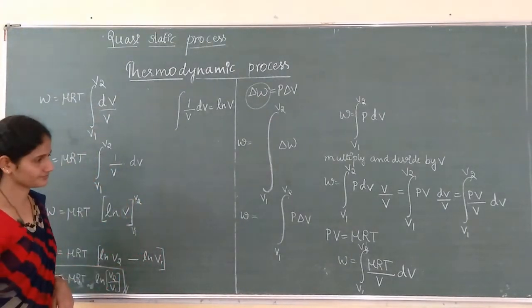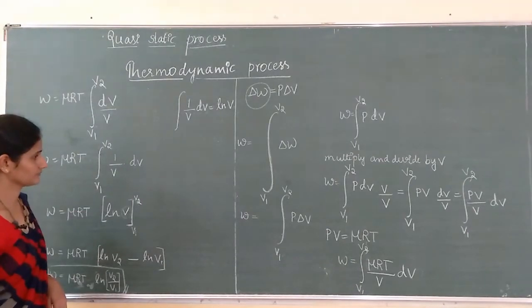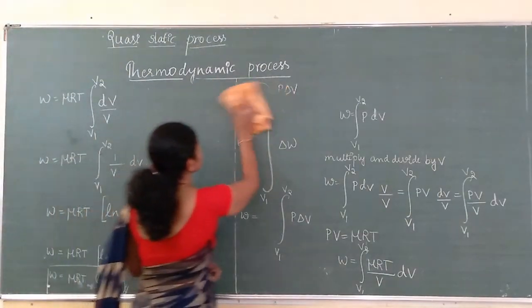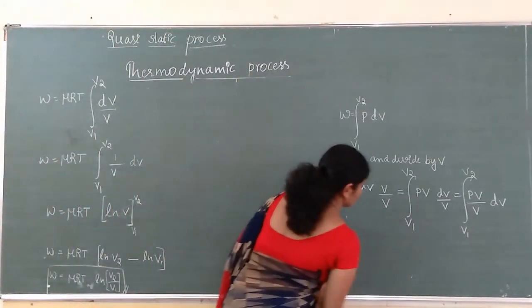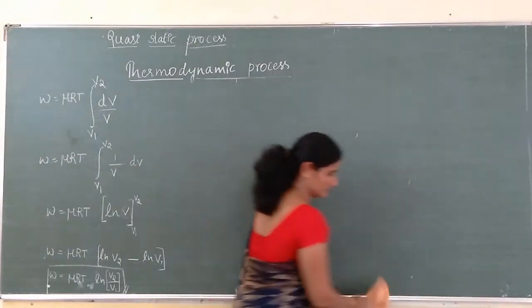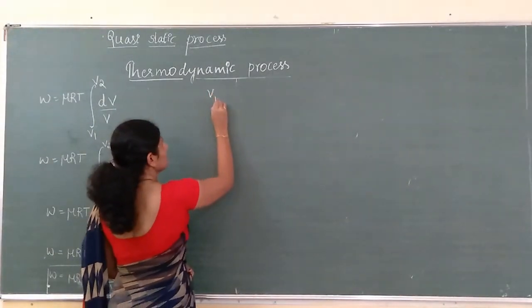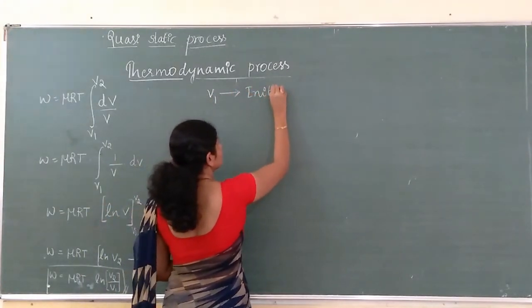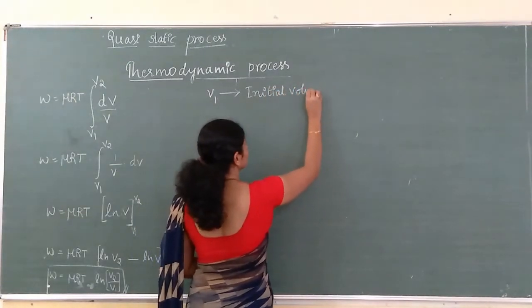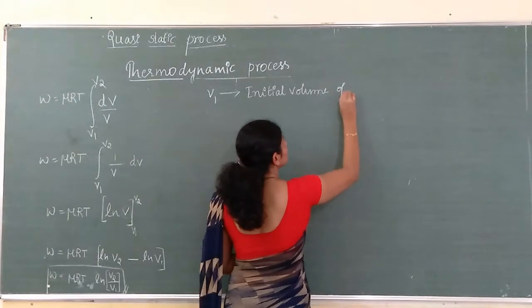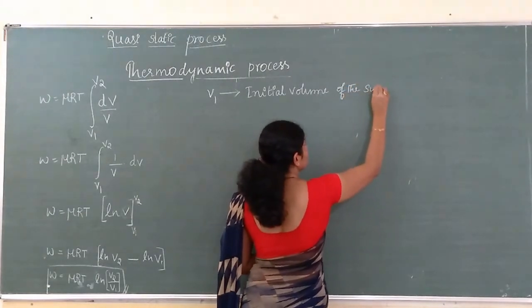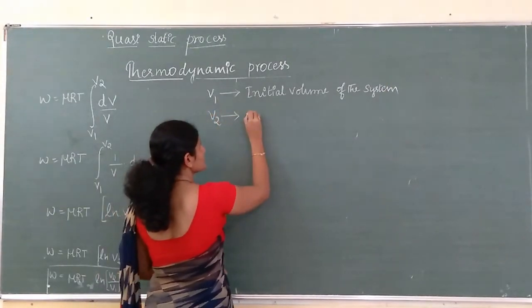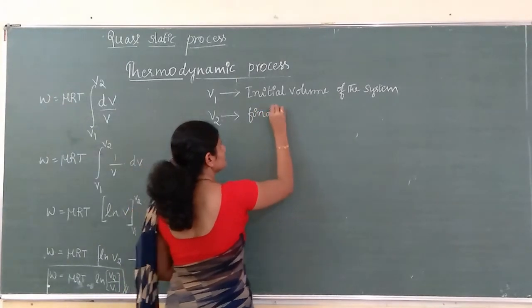V1 is the initial volume of the system. V2, what is V2? V2 is the final volume of the system.